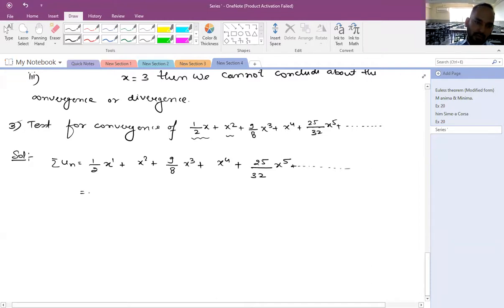So what we can write? Sir, denominator को 2 के पावर में लिख सकते हैं.